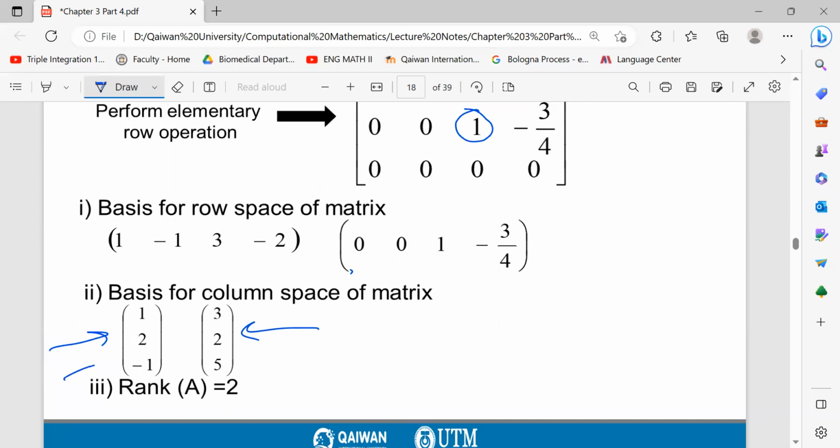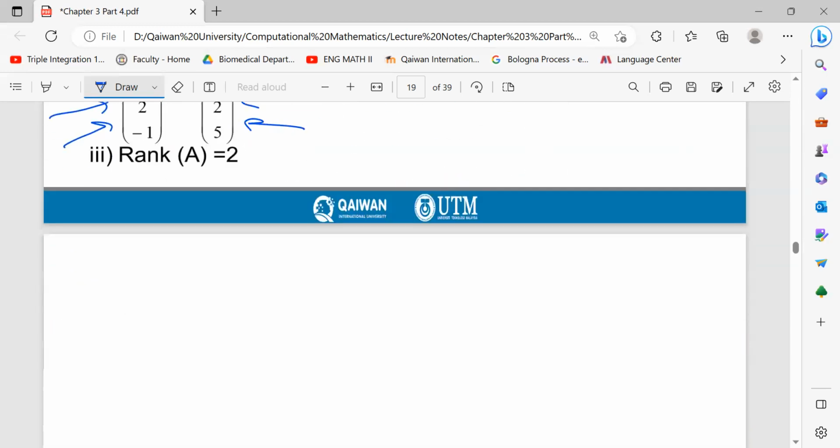Rank is the number of these vectors. How many bases do we have? 2. So rank is 2, and also dimension is 2. Okay, dimension and rank are the same.